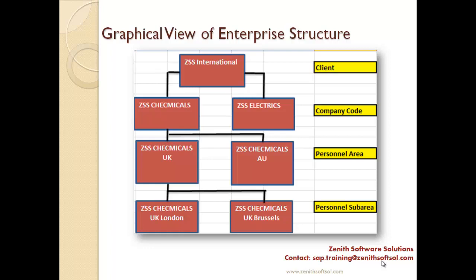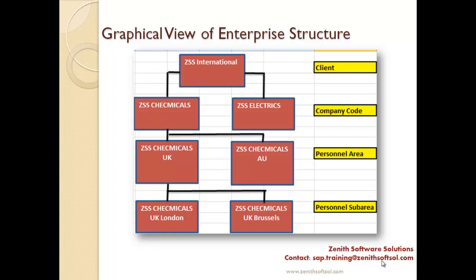Under the company code ZSS Chemicals, there are two personal areas, that is ZSS Chemicals UK and ZSS Chemicals Australia.